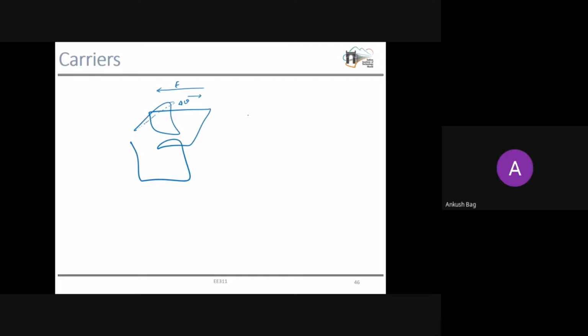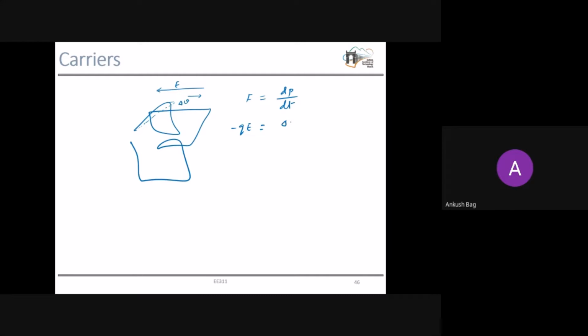Now if we try to understand what the picture will be after applying your electric field, we can simply use Newton's second law. That means F equals dp/dt, where the force is coming from the electric field, which is QE.